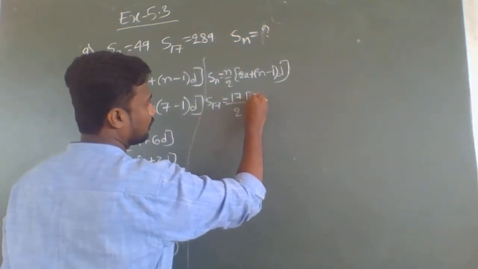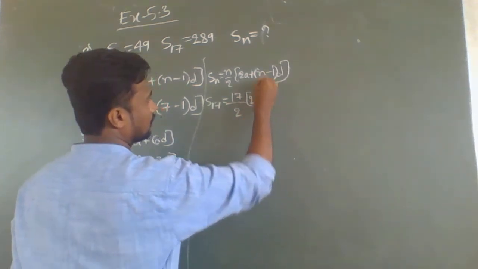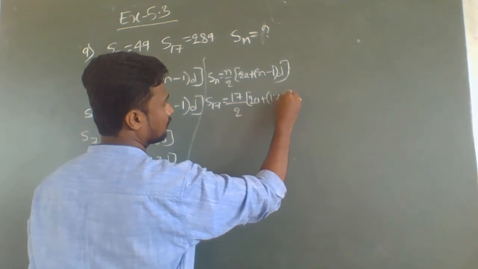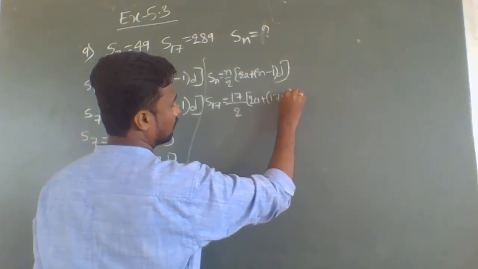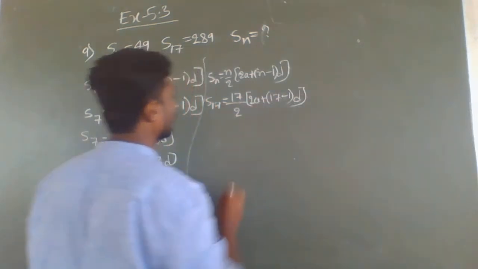Here I have written 17 in the place of n. Again, we don't have the value of a, so I will write 2a plus n, meaning 17 minus 1, into d. Again, we don't have the value of d.